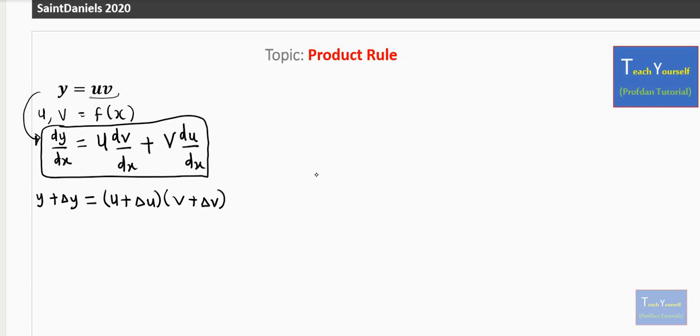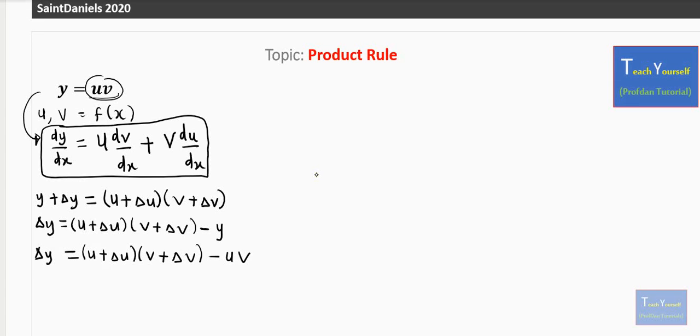Okay, the next thing is let's make the increment in y the subject of the formula. Then we're going to be left with (u plus increment in u)(v plus increment in v) minus y. And remember, our y is uv, so if we replace that, we can have our increment in y to be equal to the following.